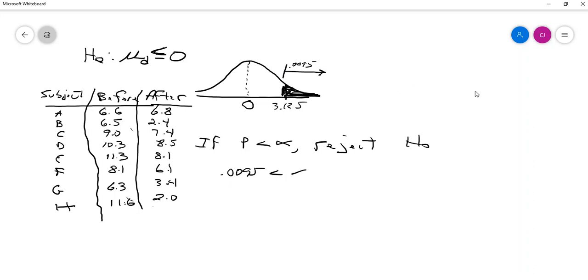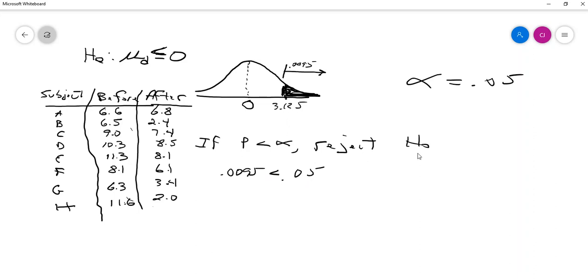Less than what? Well, let's let alpha equal 0.05. That seems to be reasonable. That's the standard. So p is less than alpha.